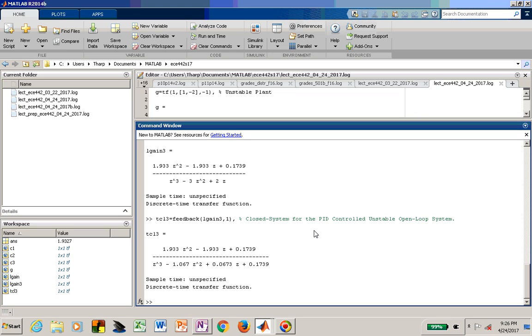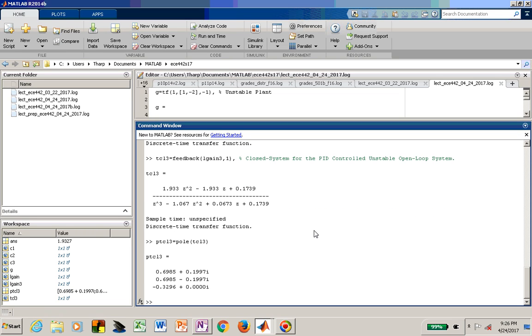And hopefully now, if we find the poles of that closed loop system, those now are at the values that we expected, basically 0.7 plus and minus j0.2, and the third pole in the left half plane between 0 and minus 1 at minus 0.323296.